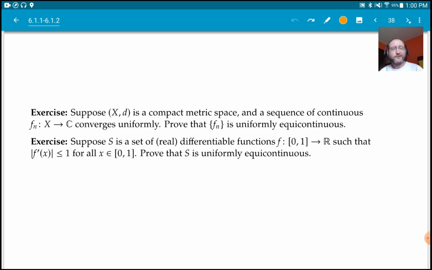So here is a very simple example of that. Suppose that you have a sequence or set of functions where the derivative is uniformly bounded. Then prove that it's uniformly equicontinuous.